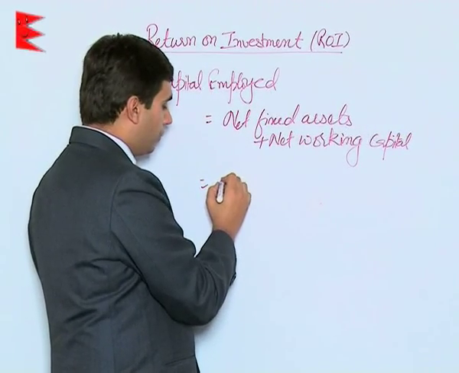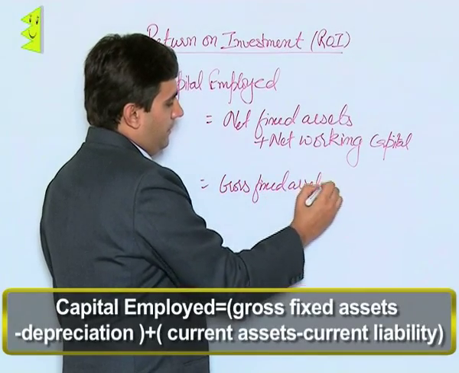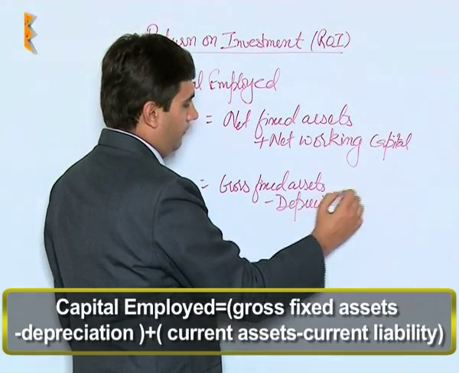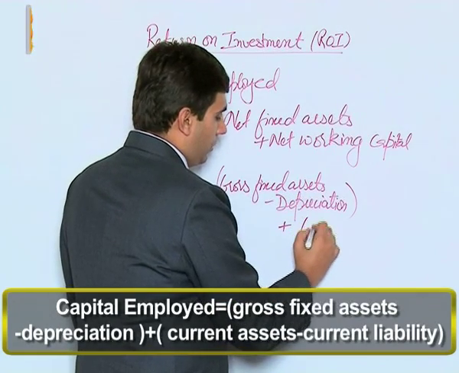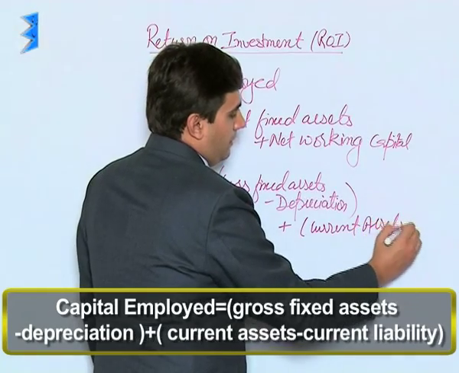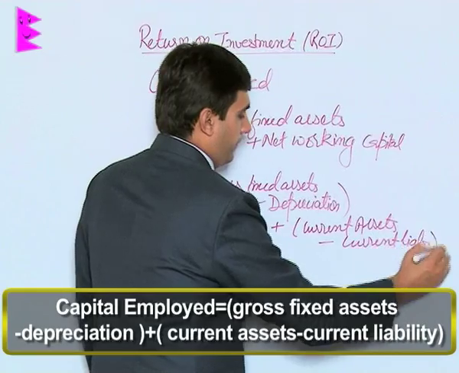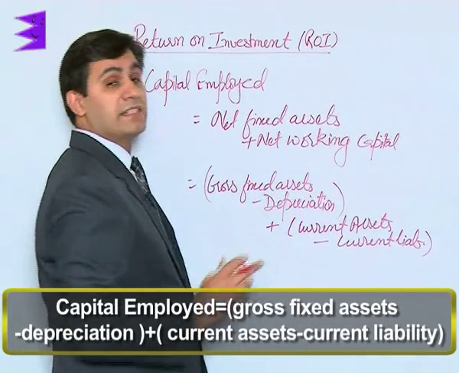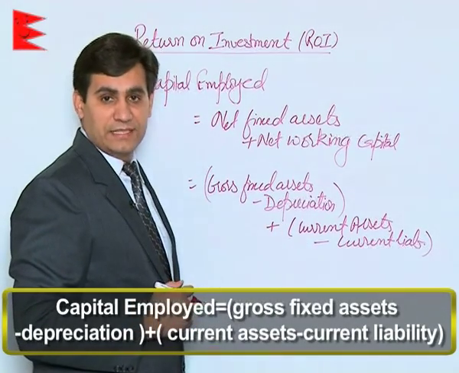Net fixed assets are equal to gross fixed assets minus depreciation, and net working capital is equal to current assets minus current liabilities. It can also be further refined as fixed assets plus current assets can be taken as total assets. So the formula can be total assets minus current liabilities as well.